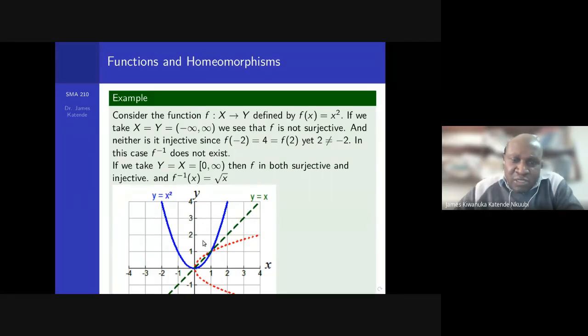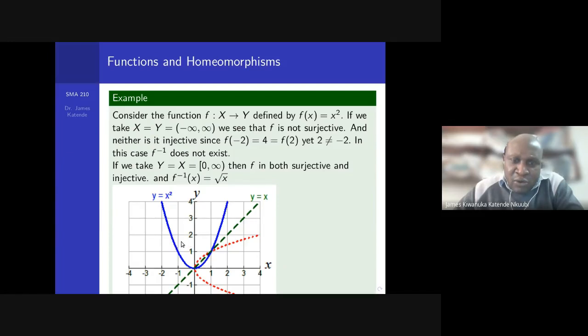injective and surjective as well, because as you keep getting larger and larger values of x, you'll end up using up the whole of the y-axis, and therefore it is surjective.